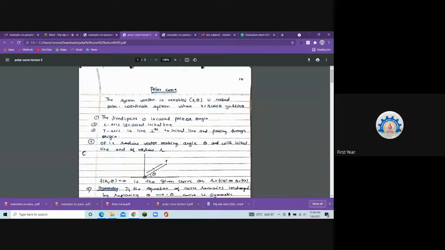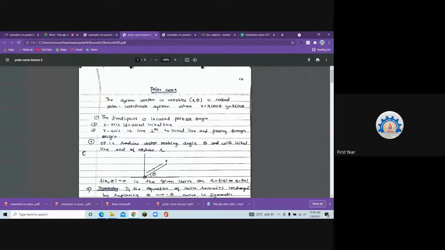You already know that polar coordinates are r and theta, right? So we are going to trace for r and theta only here also. The only thing is, how do we trace it? With the help of same type of points, we are going to trace it. What we did in Cartesian, just revise the points quickly.